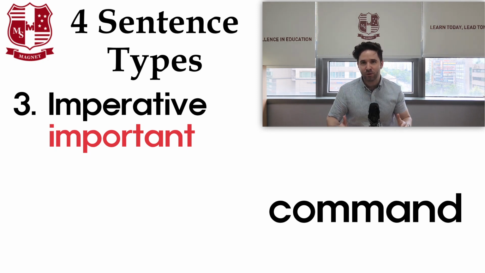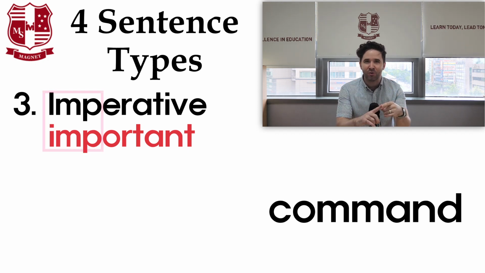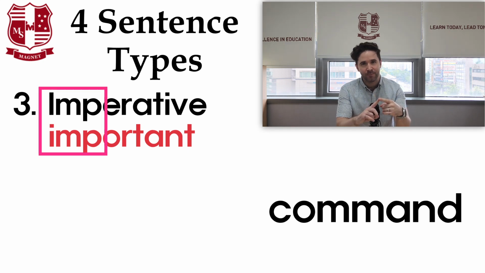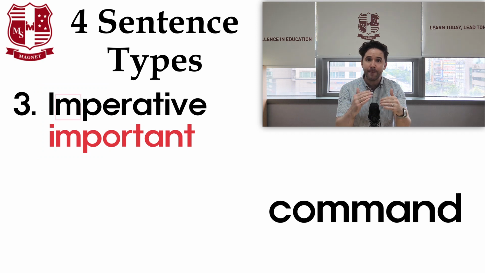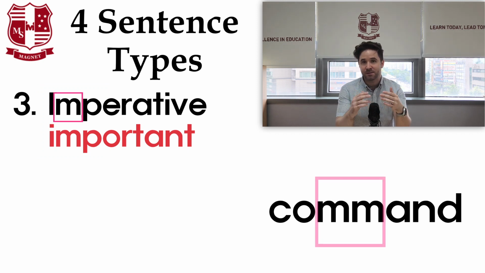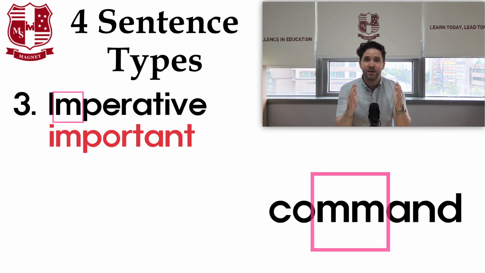An easy way to remember this is, 1, something that is imperative is important because you're telling someone this is important to do. Both of them start with IMP. Another way to remember this is imperative has an M, command has 2 M's. Either way, there is the M sound.